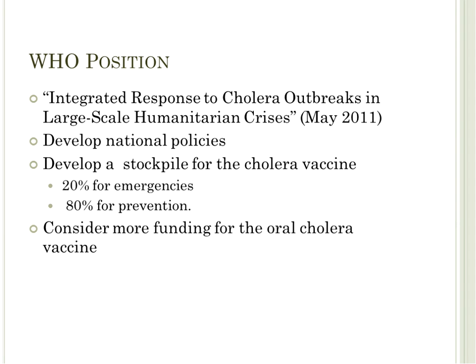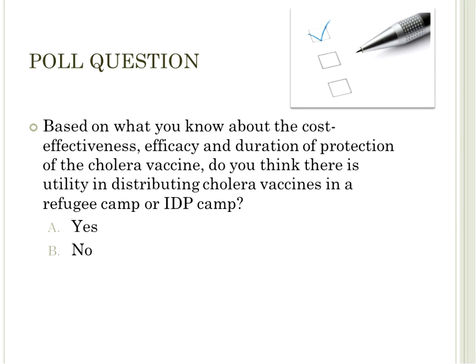They recommended that national policies be developed in each country, but also that each country should try to develop a stockpile for the cholera vaccine, where 20% of the stockpile would be used for emergencies and 80% for prevention. They also recommended that more funding be available for the oral cholera vaccine, which is a lot easier to distribute.